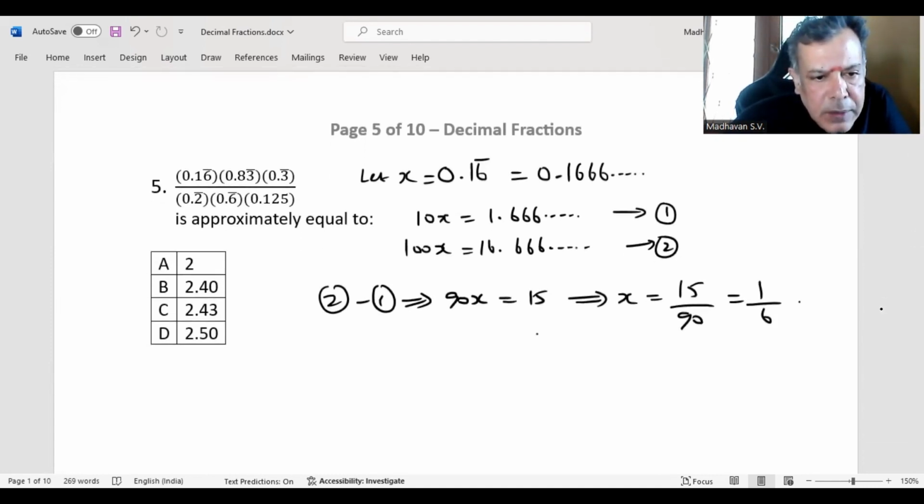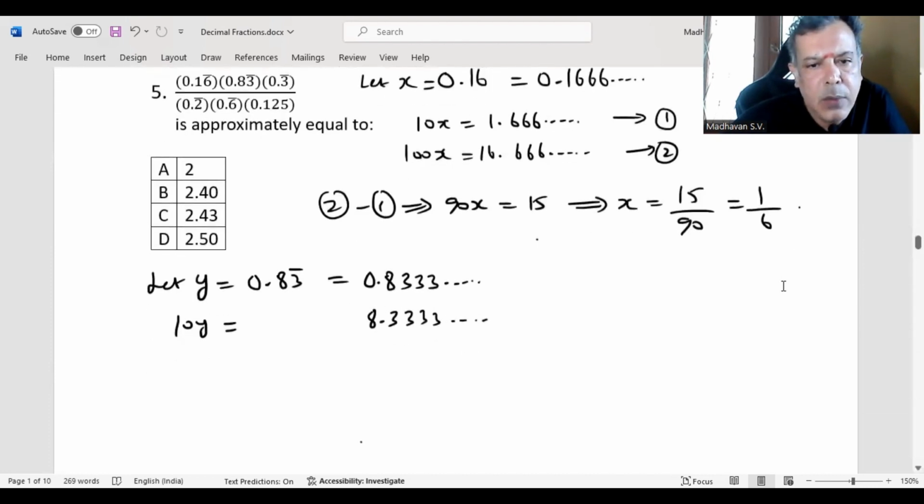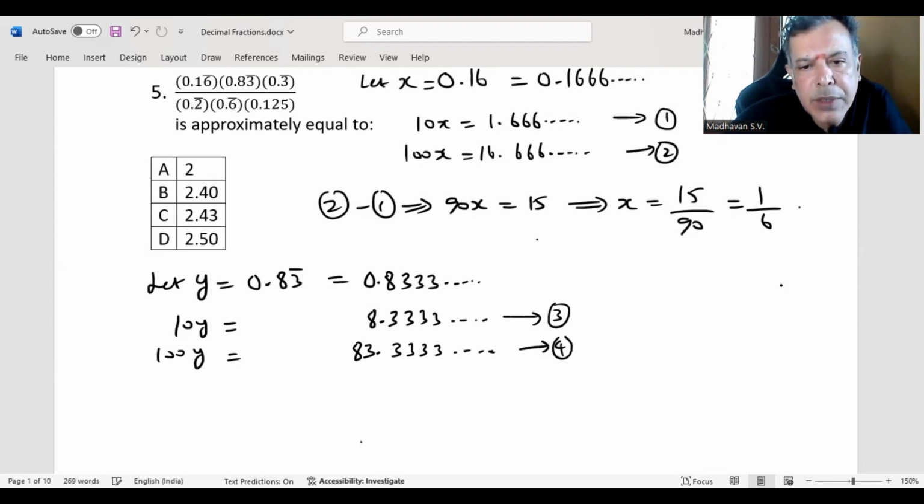Now let y be 0.833 recurring. That can be written as 0.8333 and so on. Now 10y will be 8.3333 and so on. 100y will be 83.3333 and so on. Consider this as equation 3 and this as equation 4.